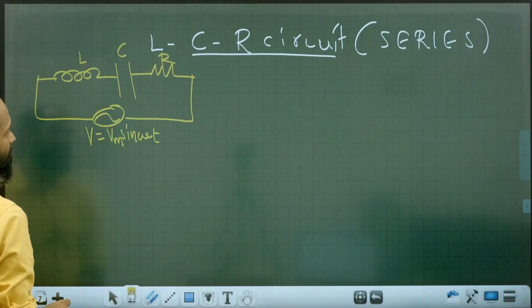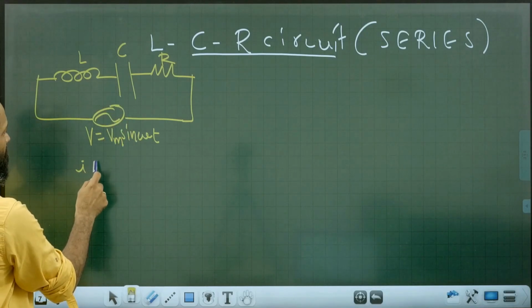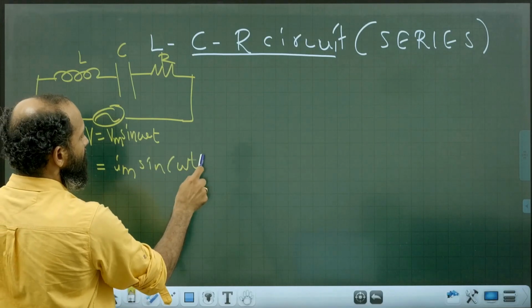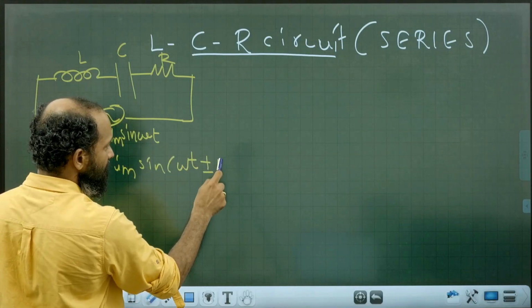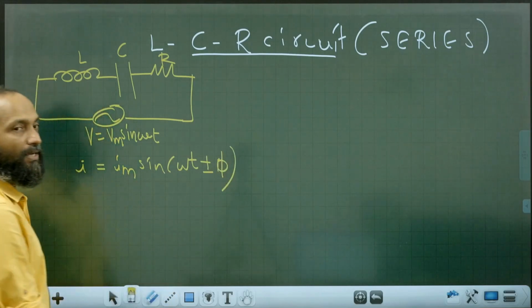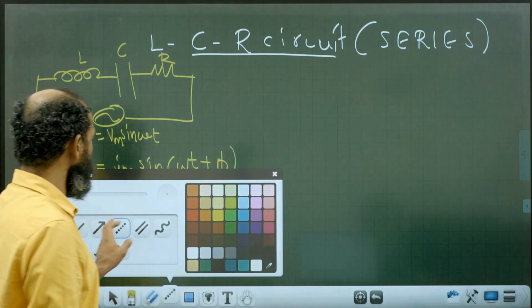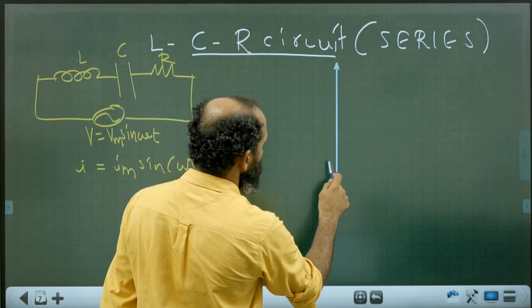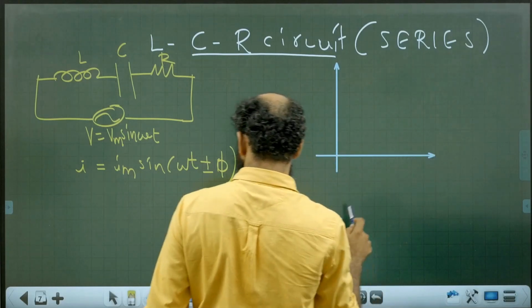Okay. Here the circuit current may be I is equal to Im sin omega t plus or minus phi, where phi is the phase angle. Let us go for finding the phase angle by drawing the phasor diagram. The phasor diagram of the circuit.